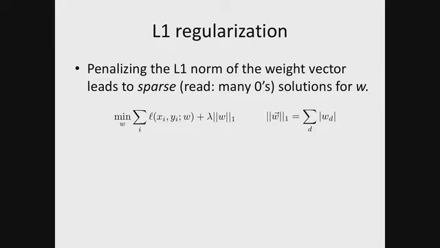For those of you who've seen support vector machines before, support vector machines will use what's called L2 regularization, where we'll be putting a penalty on the L2 norm of the weight vector. Instead, what we did in this paper is we used L1 regularization. So this penalty is defined over here. It's summing over the features and looking at the absolute value of each of the weights and summing those up.